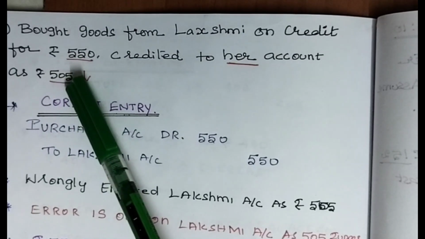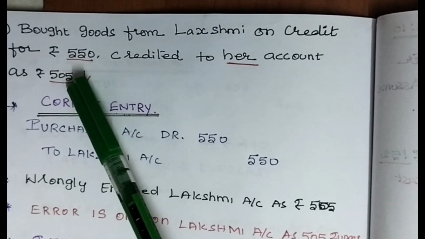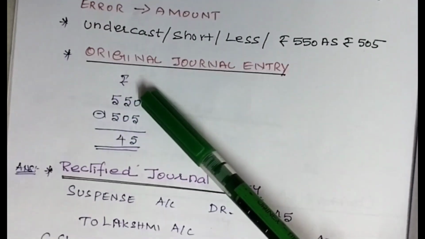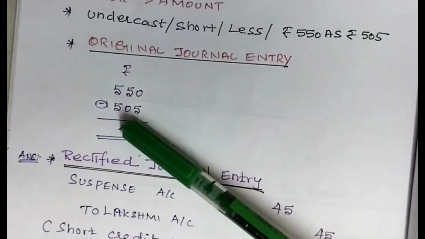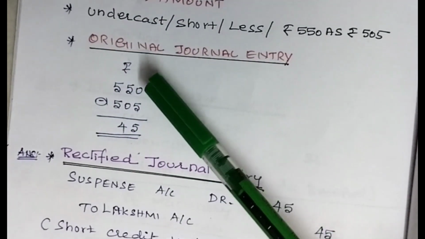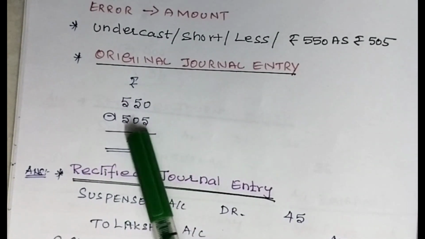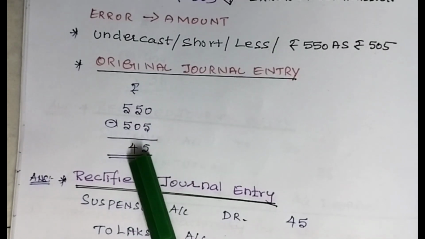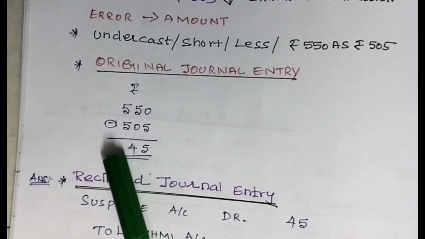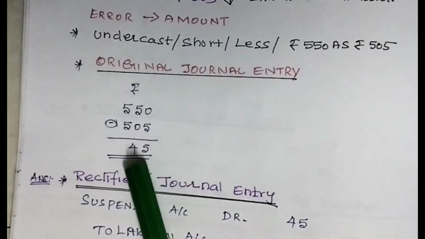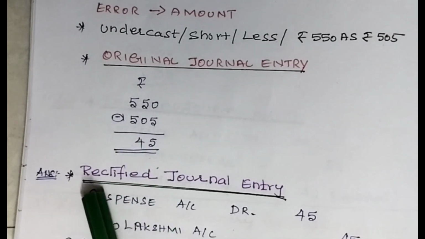If you rectify the error, you have to find the difference value. You have to find the difference between them. So for that you subtract 505 from 550. You will get 45 rupees. So we need to rectify this error. You have to enter that difference value, that is 45 rupees. So you have to follow the original journal entry. So this is the answer.